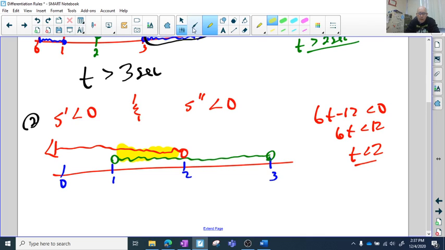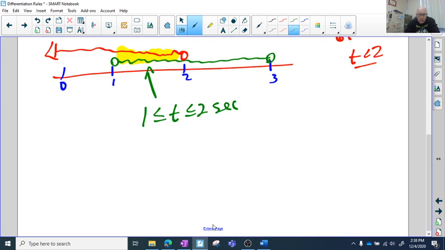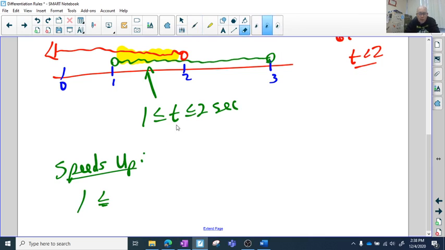That would be another spot then where this particle would be speeding up, because at this interval, both the acceleration and the velocity are negative, which would mean any time between 1 and 2 seconds. So the answer to the question is, when is the particle speeding up? So it speeds up in 2 different intervals. This one, so between 1, there should be no equal signs on those, sorry, because at 1 and 2 it's actually stopped.